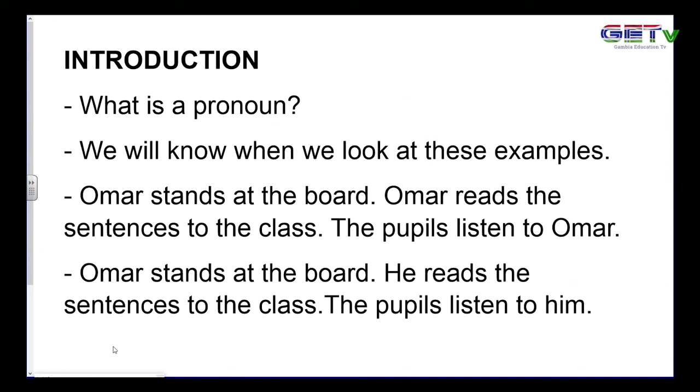Omar reads the sentences to the class. The pupils listen to Omar. And that is the first paragraph. Listen to the second one. Omar stands at the board. He reads the sentences to the class. The pupils listen to Omar.